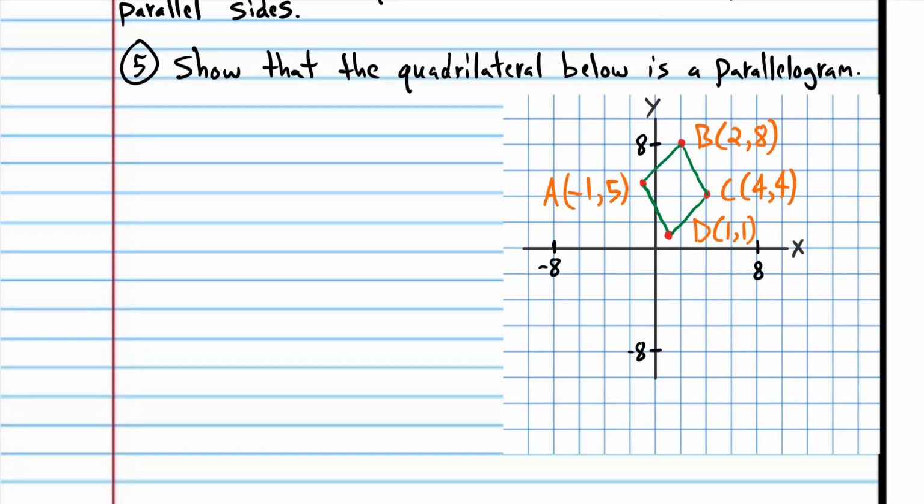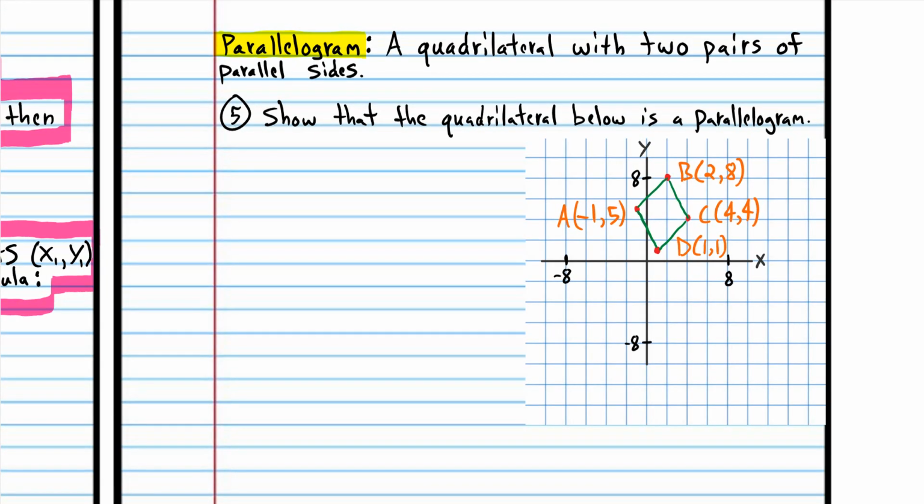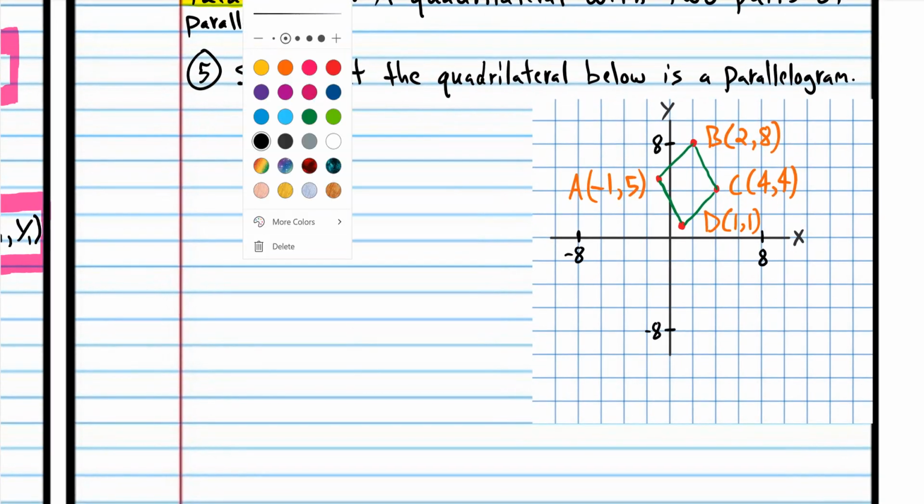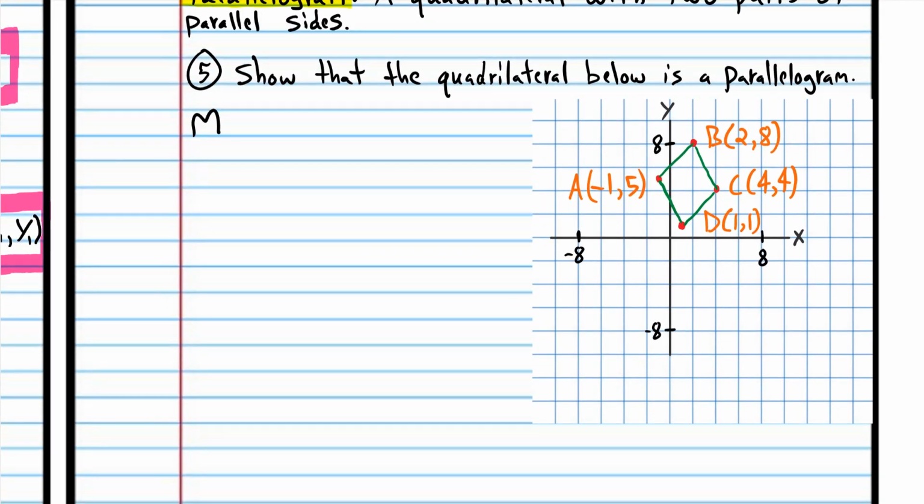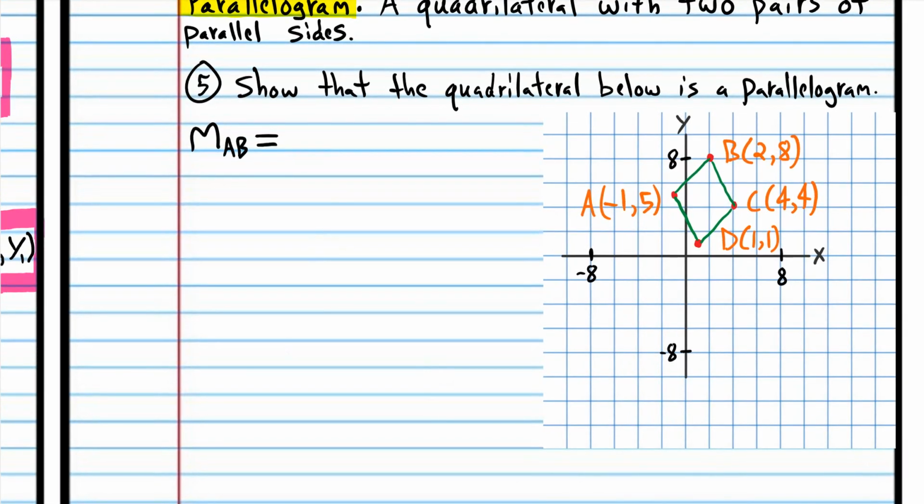All right, so again, we have to show that two pairs of sides are parallel. So I'm going to find the slope of line segment AB. And I'm not going to assign letters to each point. I'm just going to say that A is (-1, 5). So we would do 8 minus, let me write that formula up there. Again, you should get a screenshot of that, but I'm just going to let you know what formula I'm using.